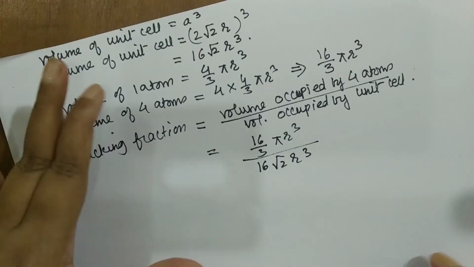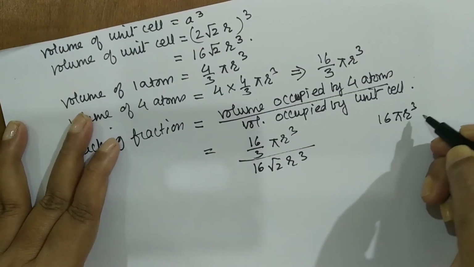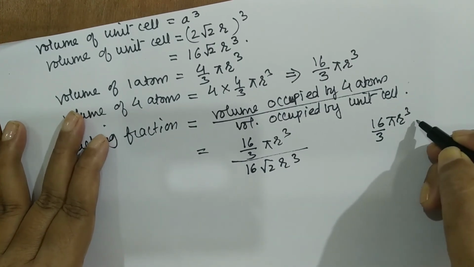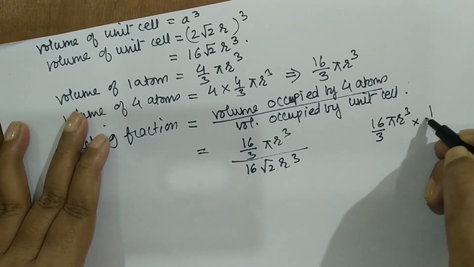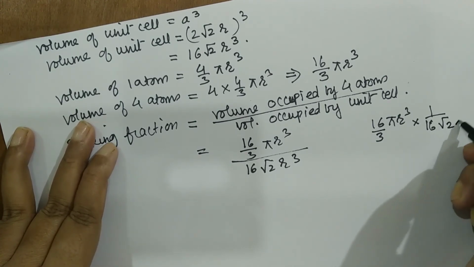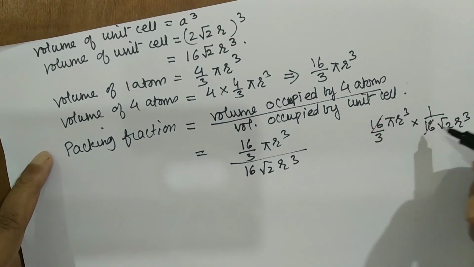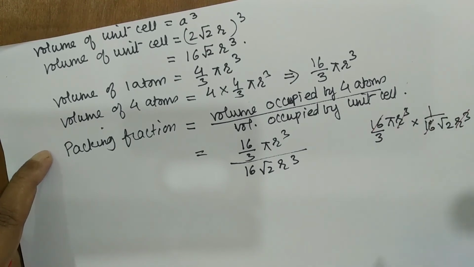So it will be 16 pi R cube upon 3 into 1 upon 16 root 2 R cube. Let us cancel. So what we get here, 16 and 16, R cube and R cube.